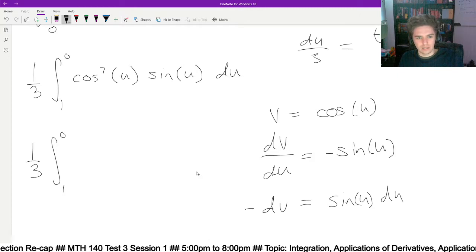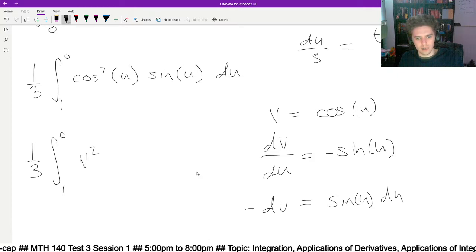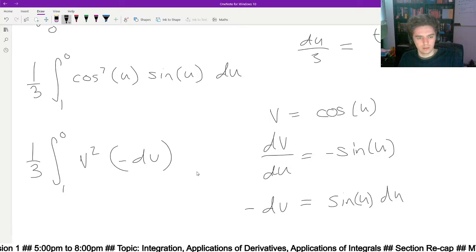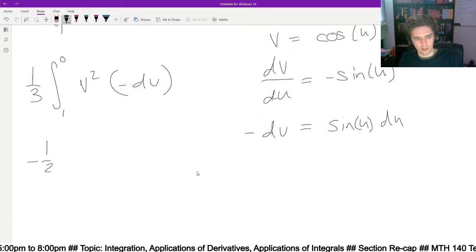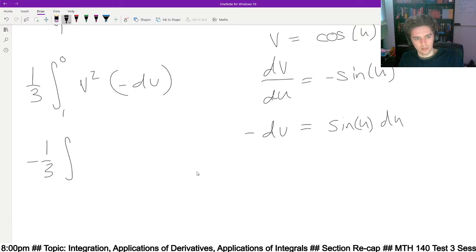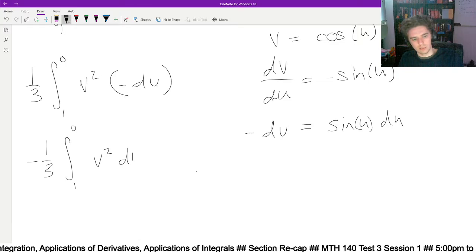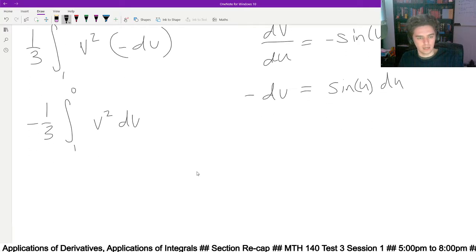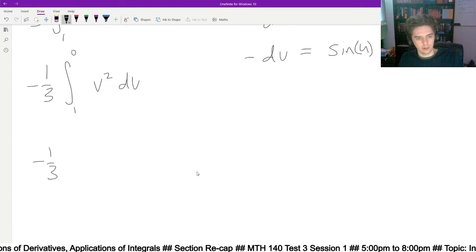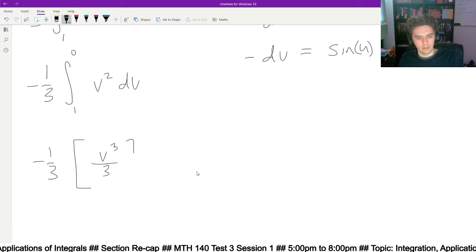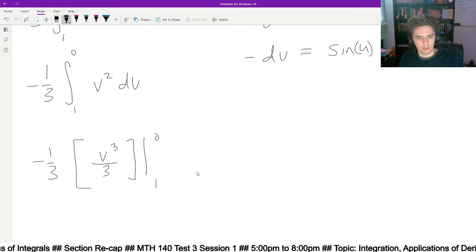So this is now just going to be v squared, and now sine u du is just negative dv. Right? So I can just say negative a third, from 1 to 0 of v squared dv. And now I can just do the power rule. Negative a third of v to the power of 3 over 3, evaluated from 1 to 0.